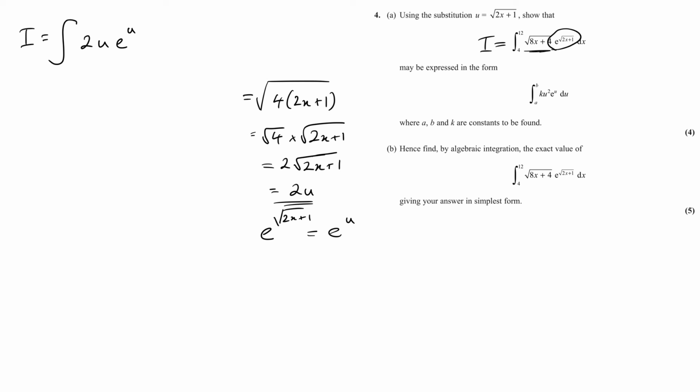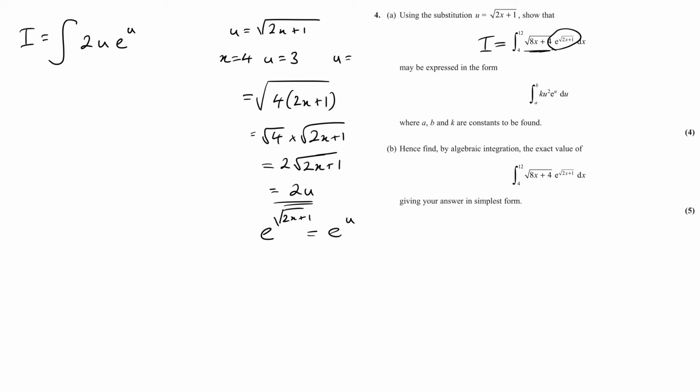So you can see that u equals root 2x plus 1, doesn't it? So when x is 4, u equals, so 4, 2 4s are 8, plus 1 is 9, square root of 9 is 3.